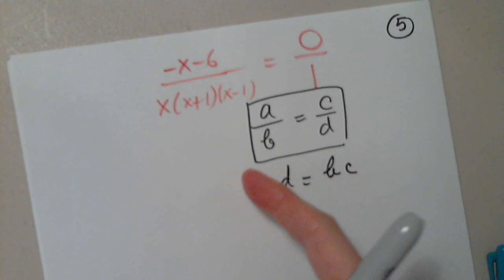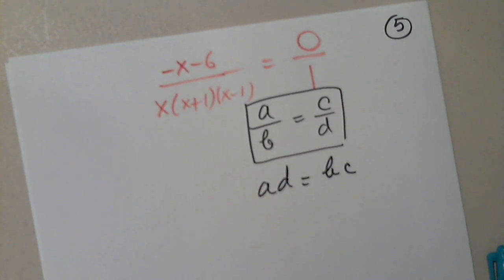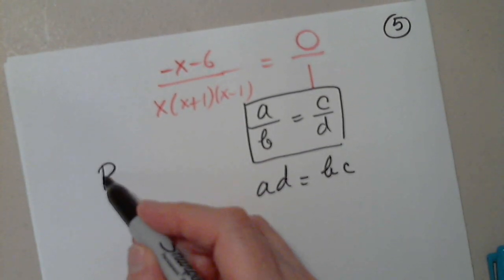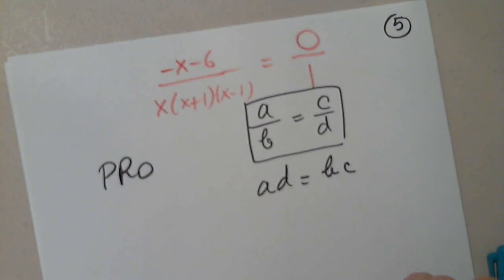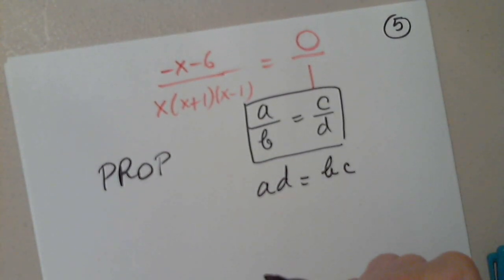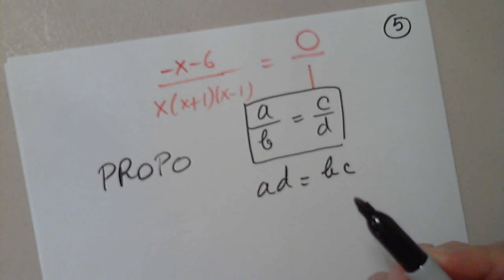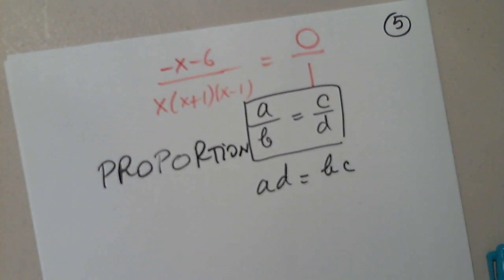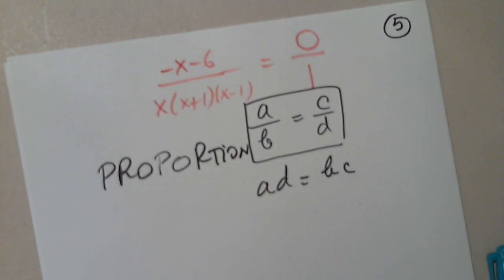A times D equals B times C. Anyone remembers the name of this? Proportion? Yes. Only in a proportion, which is a special type of rational equation, can we cross multiply.